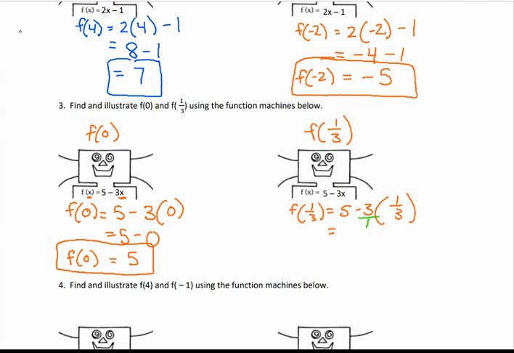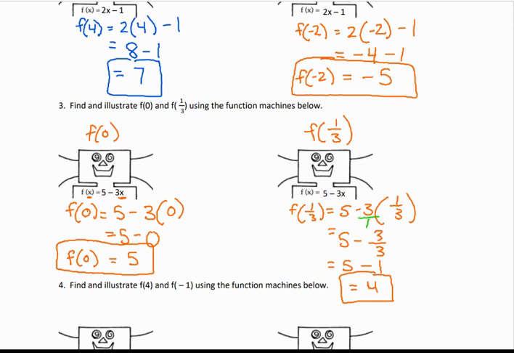So we bring down our 5, and we have minus 3/3. Well, what's 3/3? It's 1. So 5 minus 1 equals 4. Any questions there on number 3?